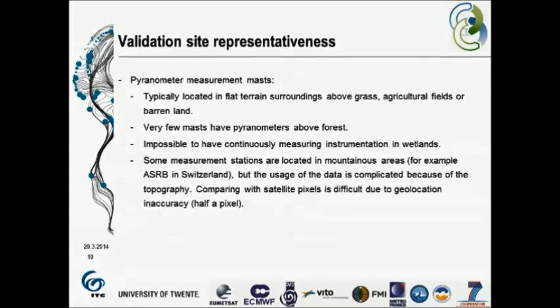So, validation site representativeness. The pyranometer masts are usually in continuously operated stations like WMO stations. And typically they are defined so that the terrain is flat and the preferred land cover is grass, barren land or agricultural fields.